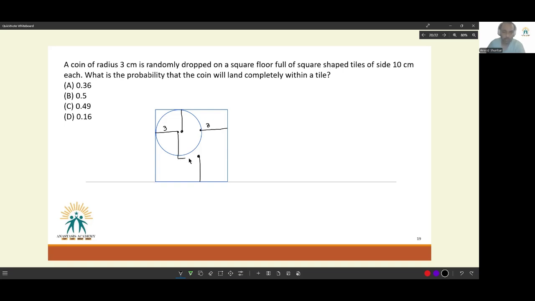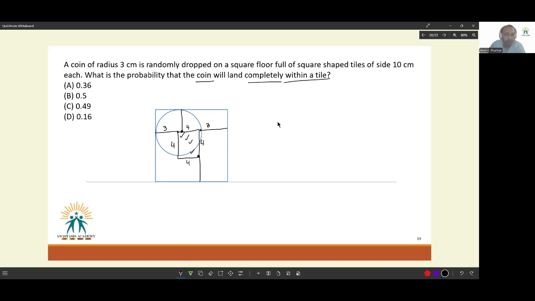Can you see the center of the coin can only be present within this 4 by 4 square? The center of the coin that is being dropped can only be placed within this 4 by 4 region, because if it is outside this 4 by 4 region, the coin will go outside the tile, and we are seeking the probability the coin will land completely within the tile.